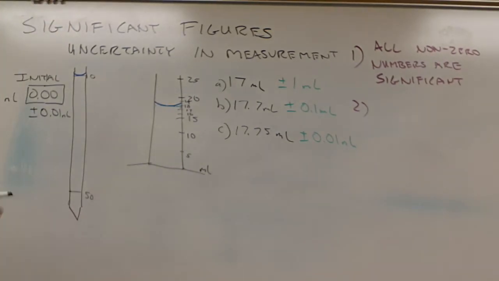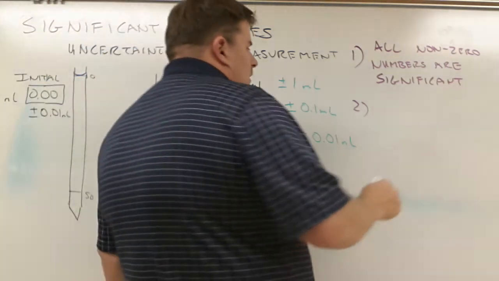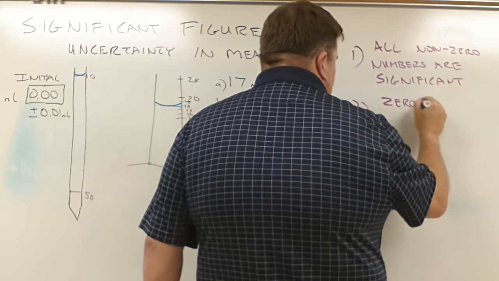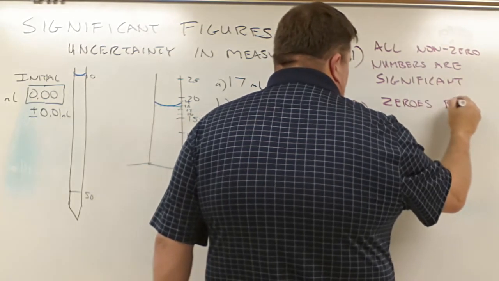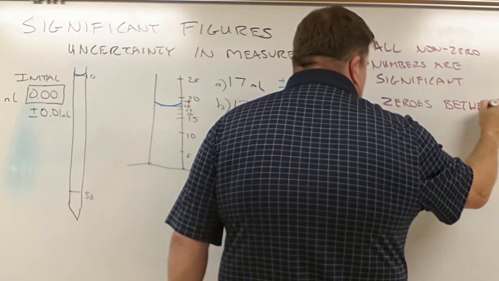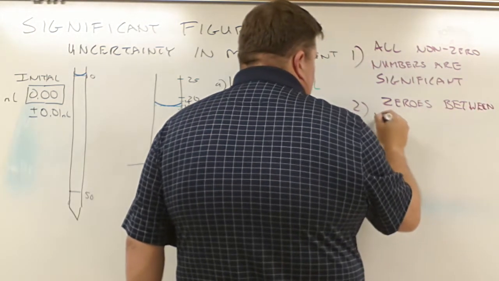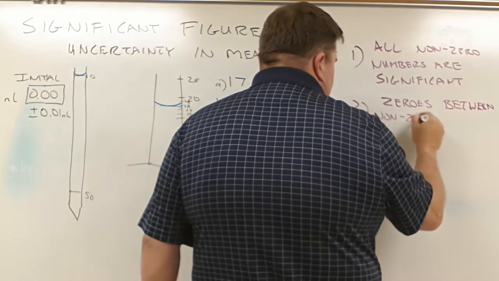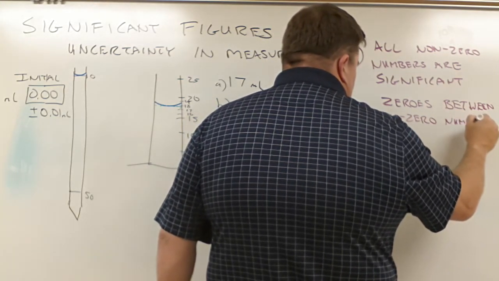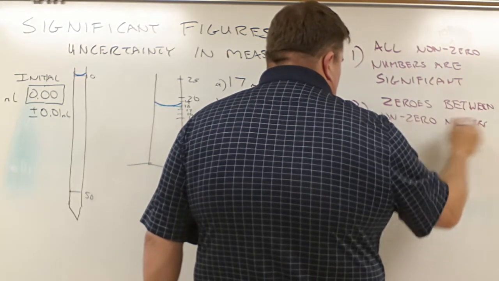All right, rule number 2, that zeros between non-zero numbers are significant.